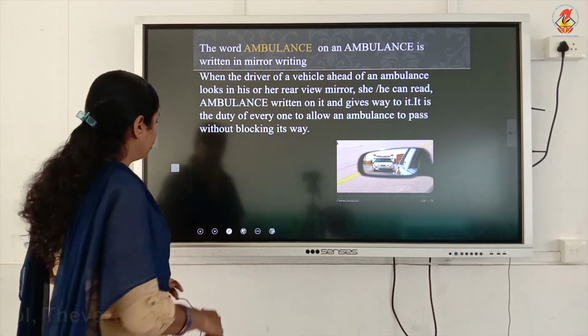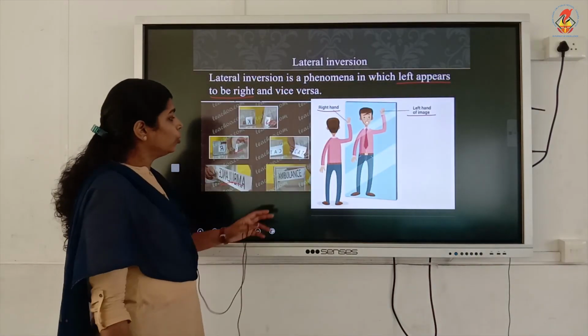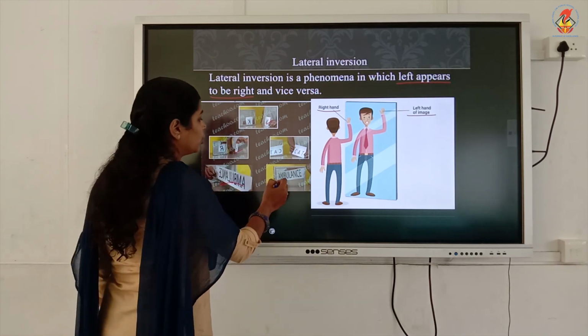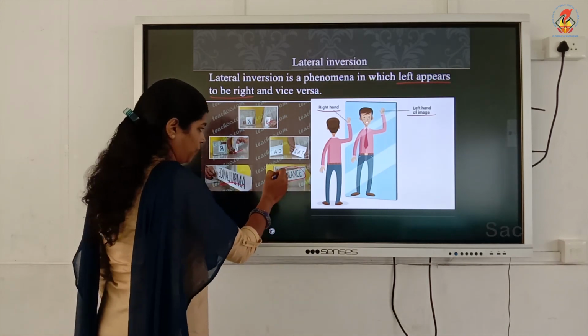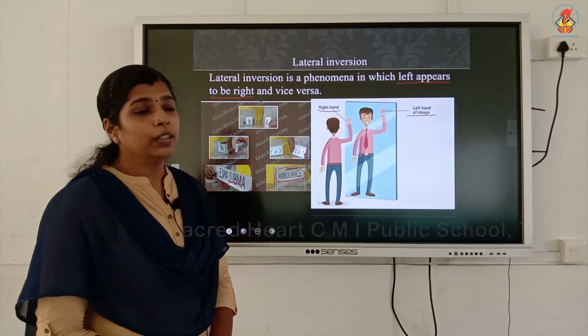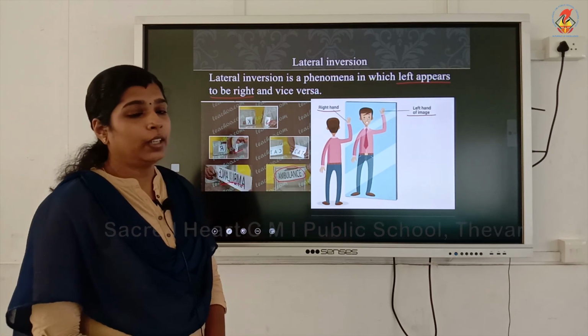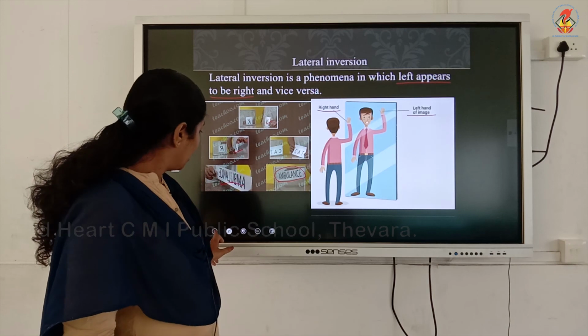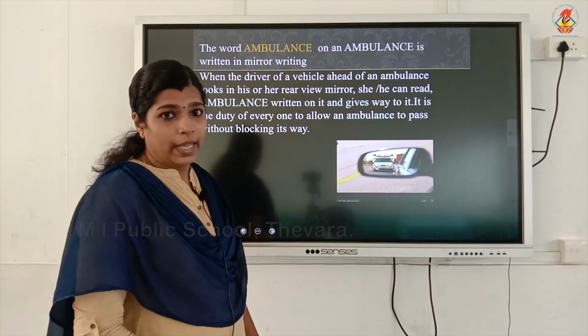When you look through the rear view mirror, you will be able to read it in the same way. So we will be able to give way for the ambulance.